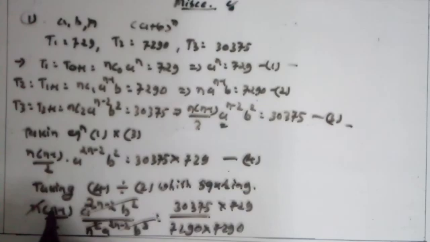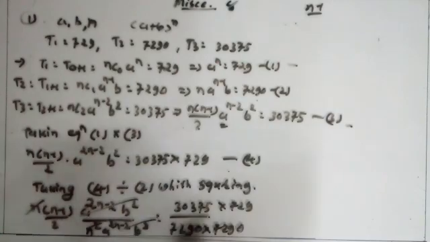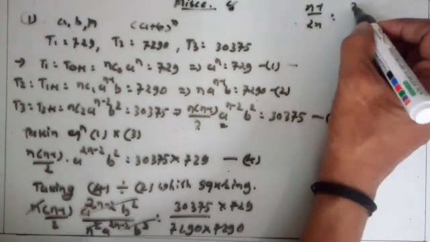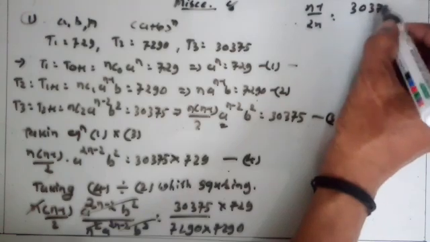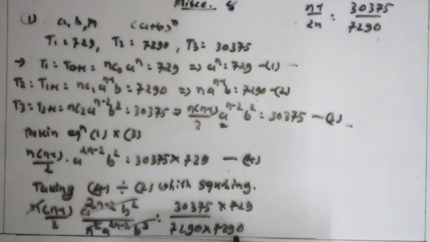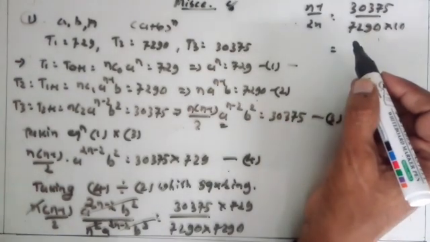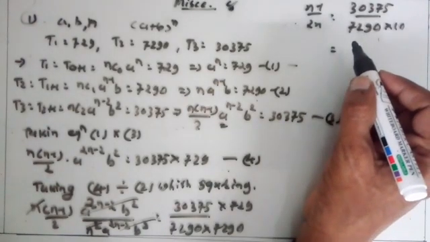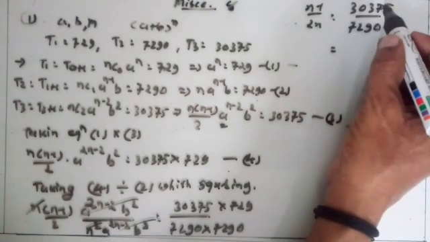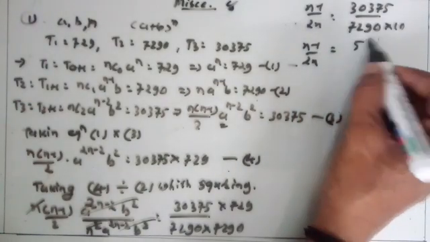So n minus 1 upon 2n is equal to 729 divided by this, so we get 30375 upon 7290 into 10. Now simplify this. After simplification using a calculator, we find n minus 1 upon 2n is equal to 5 upon 12.